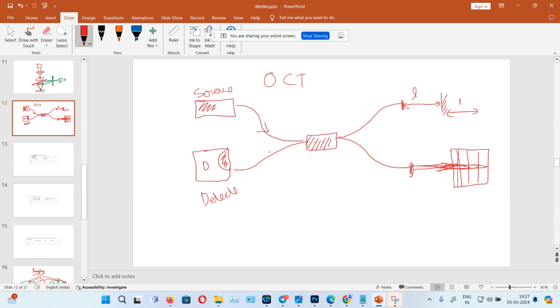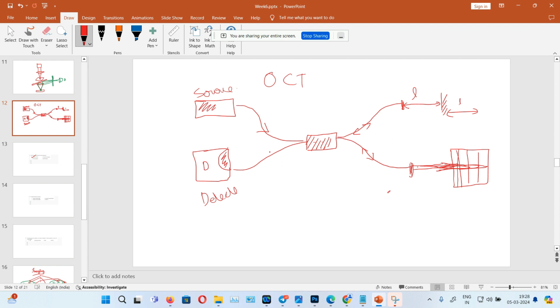From here light is going. There will be a fiber coupler here. From here this is split into two. One is going here and another is going here, and after that it is coming back. The reflected light is coming back.